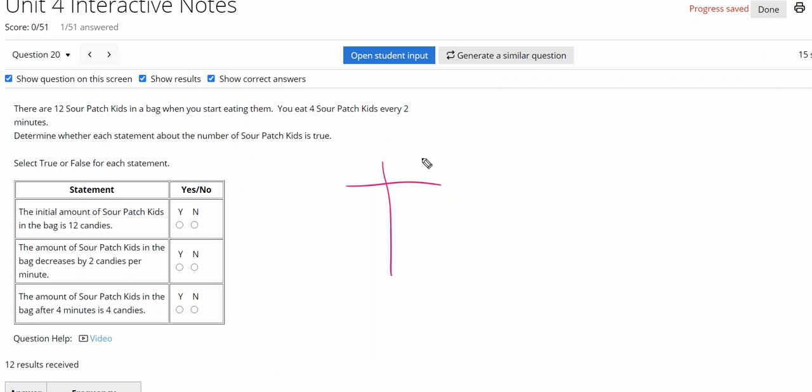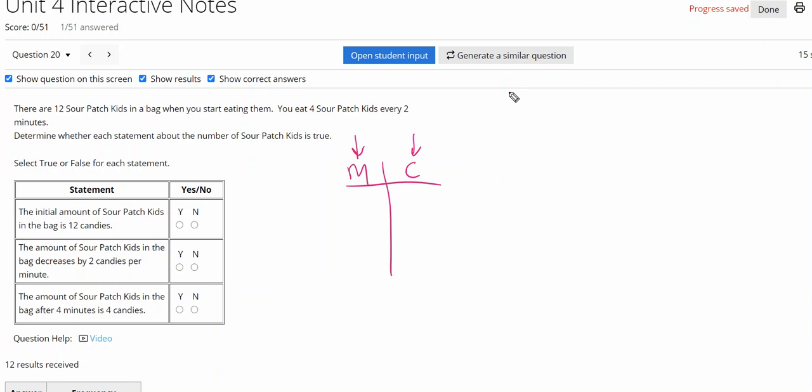Let's call it Y. Usually it's Y. And it says that you eat 4 Sour Patch Kids every 2 minutes, so minutes will be on this side. That'll be M. You know what? If we're going to use M instead of an X, let's use C for candies. So this will be our minutes, and this will be our candies.